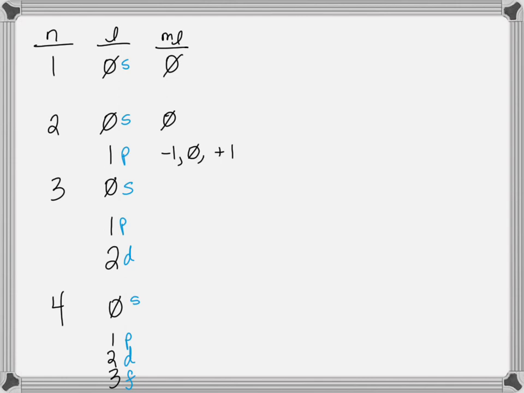Moving down to the next one, if N is 3 and L is 0, ML can only be 0. If L is 1, ML is -1, 0, and +1. If L is 2, then ML is -2, -1, 0, +1, and +2.